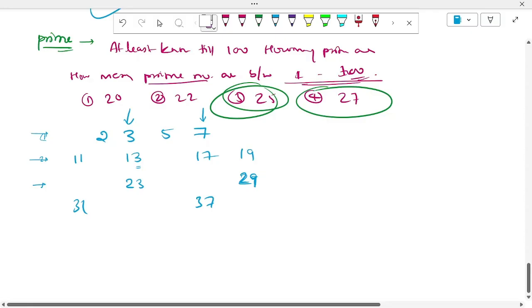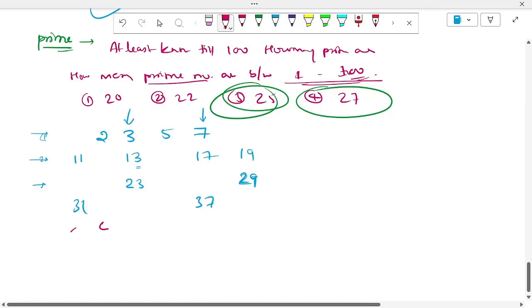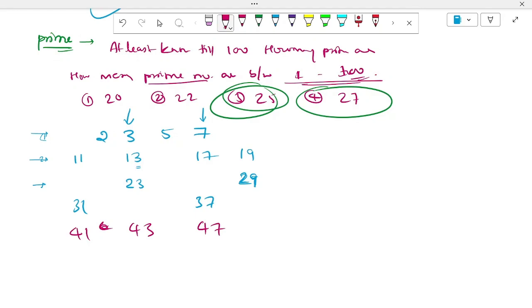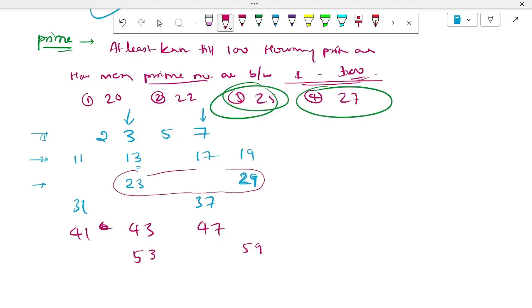Okay, after that you just see they will go on repeating: 41, 43 and 47, and then 53 and 59. You look at these, 53 and 59, they are similar.